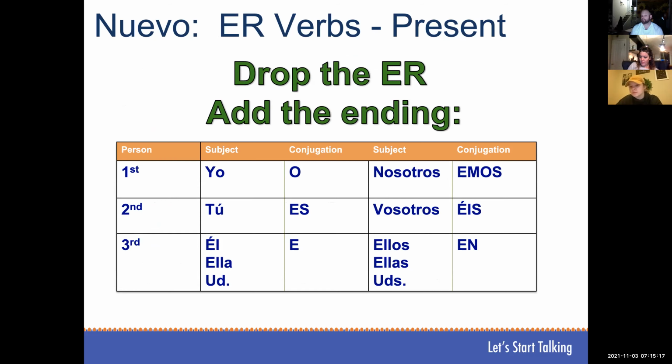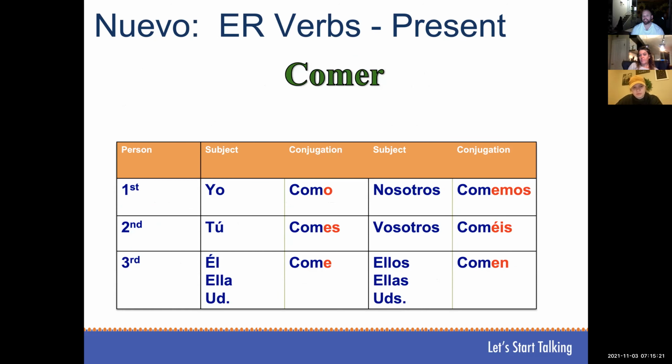And then the third person plural ends with EN. Okay, so it looks like this. Can you go through this example for us, Sky, for comer? Yo como, tú comes, él come, ella come, usted come, nosotros comemos, vosotros coméis, ellos comen, ellas comen, ustedes comen.